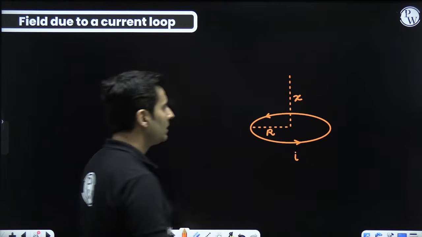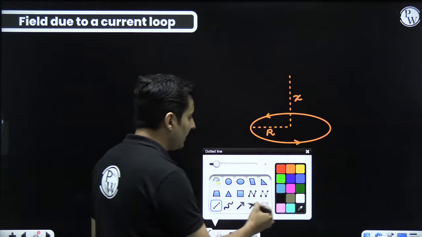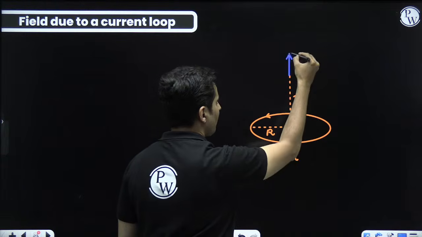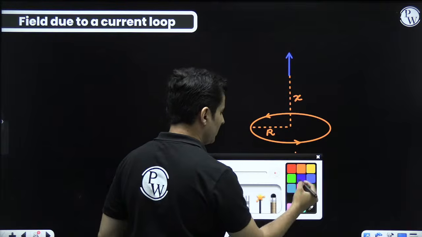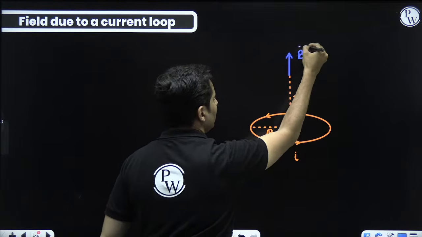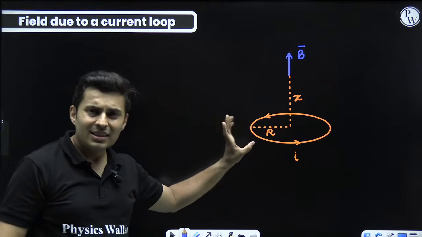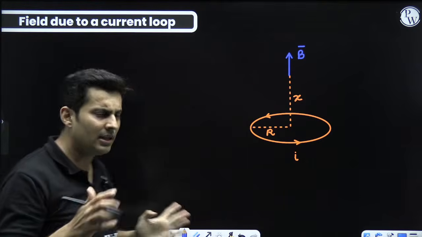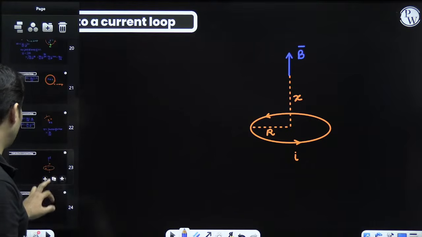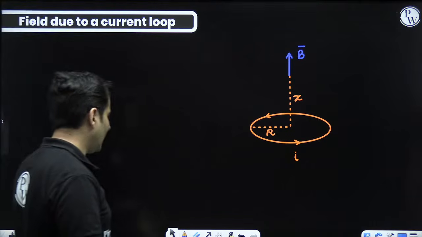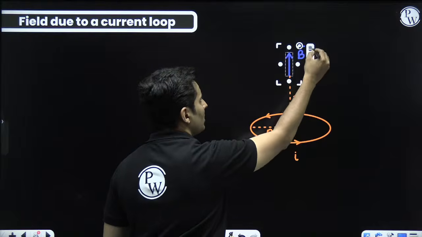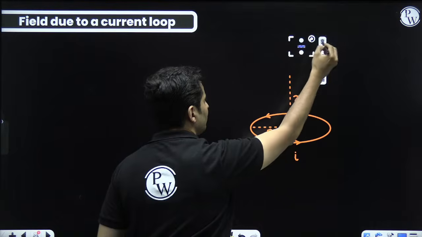This is the current. The magnetic field at that particular location, let's say, is like this. Now, when you try to find the magnetic field in this scenario, then the derivation is slightly lengthier. I'll just give you an idea of it. Will not sit and do it over here, but you should have an idea. That's all. So I'll tell you what really happens.